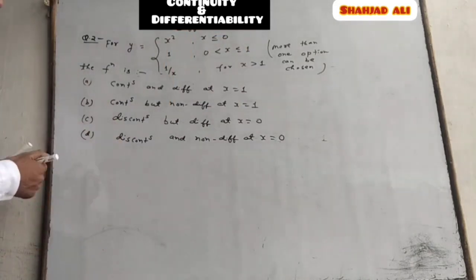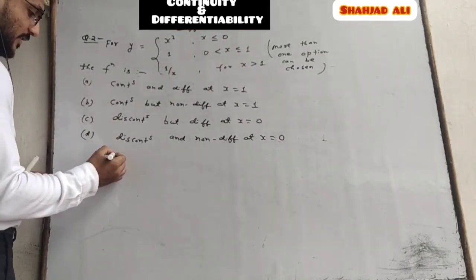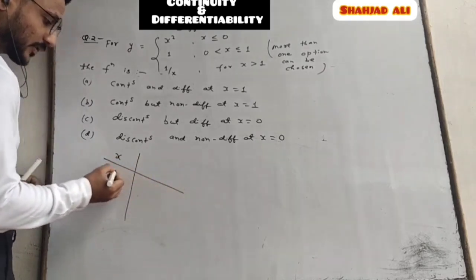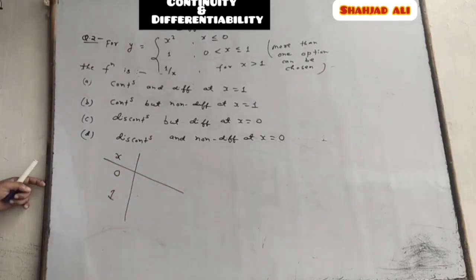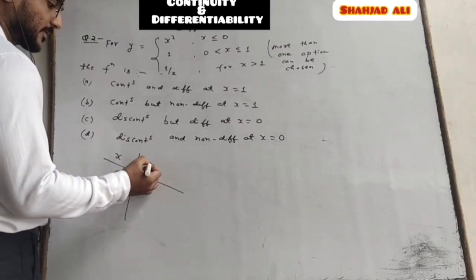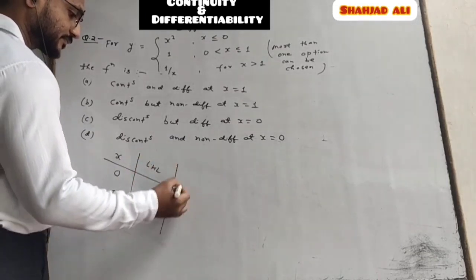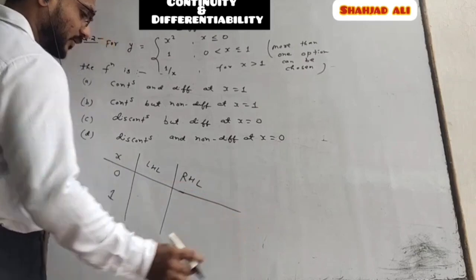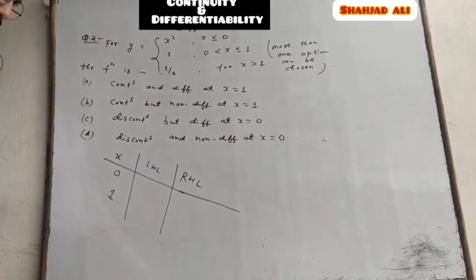Firstly, there are 2 points of x, 0 and 1. Simply we will do the same as the previous question, with the left hand limit and right hand limit. I already told you there is no need to go for the function value, it is clear from the left and right hand limits.